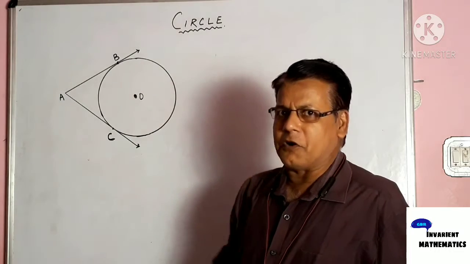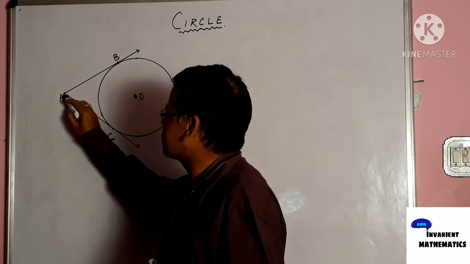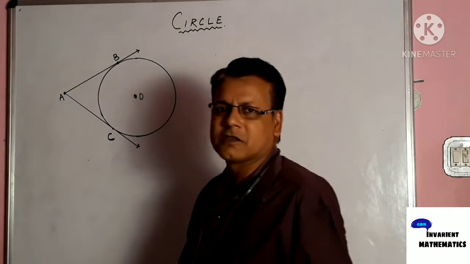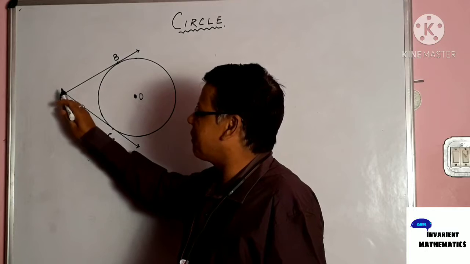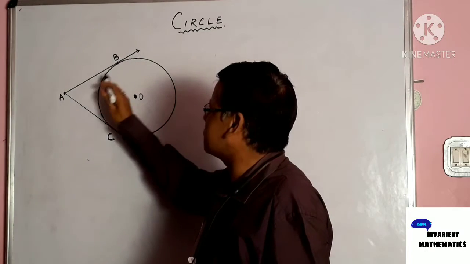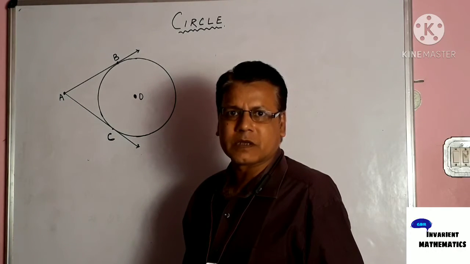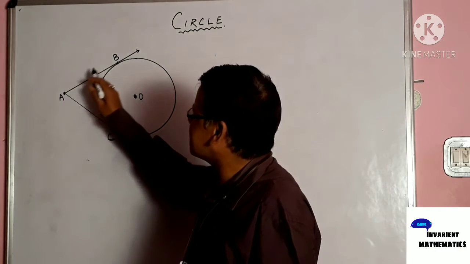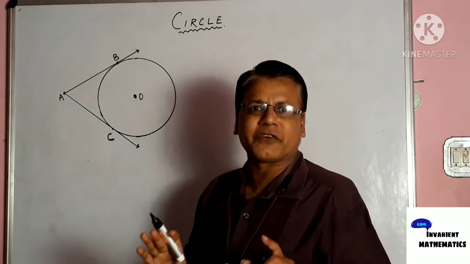Now, if a point is an exterior point, from an exterior point we can draw two tangents to the circle. Where the tangents meet the circle is called the point of contact.